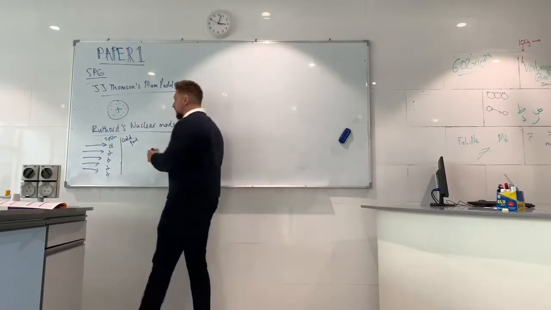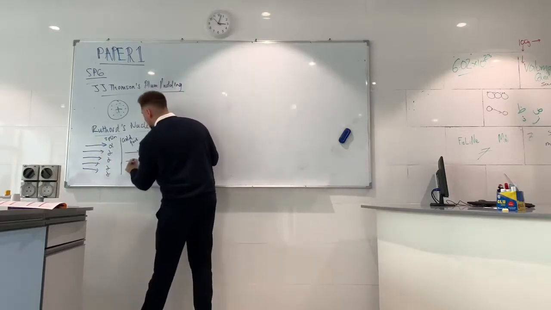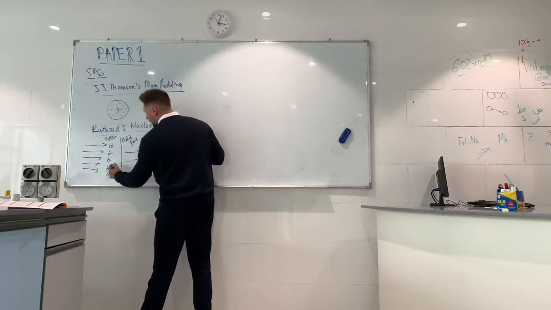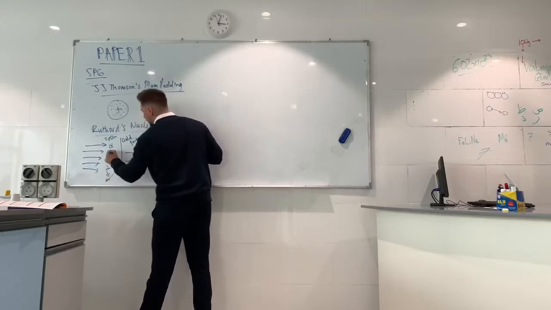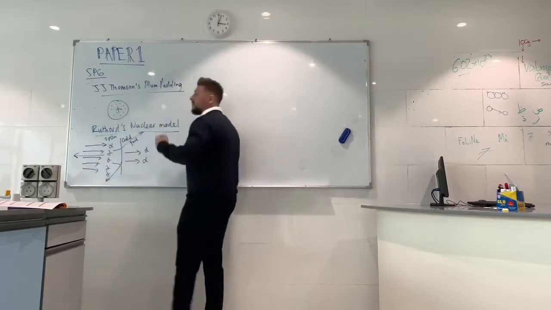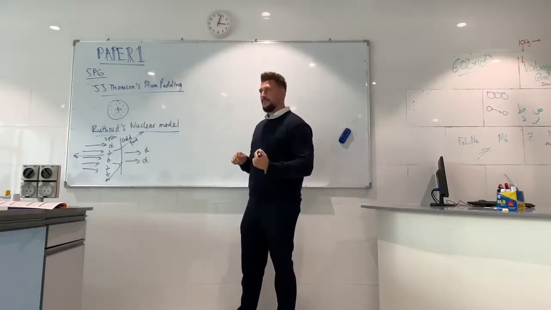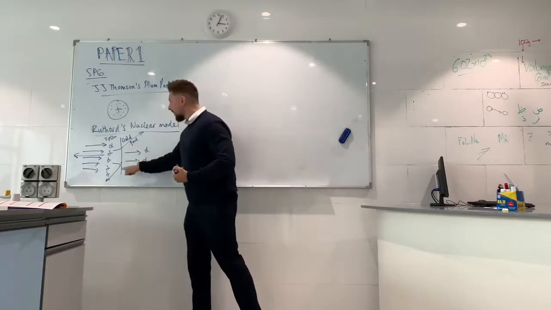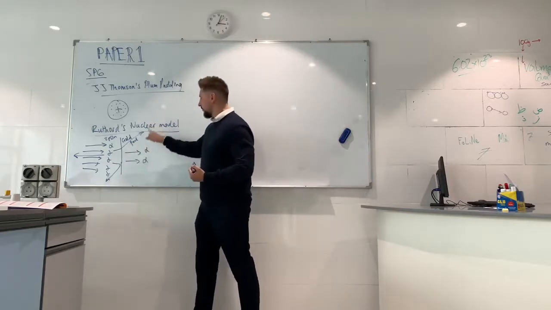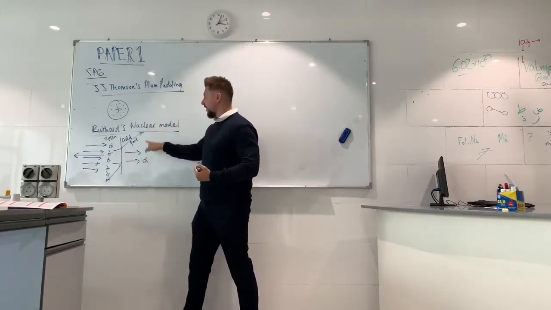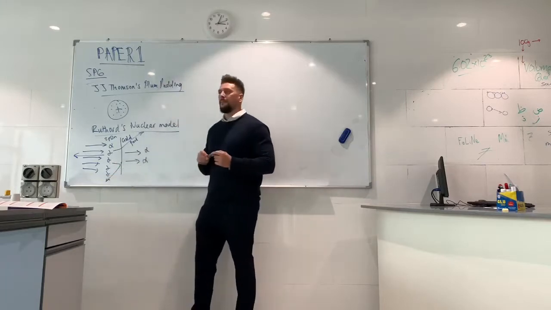But then what was seen: some alpha did get through, but some alpha were deflected at different angles. Some alpha even reflected back. So you think, hang on a minute, something is causing the alpha not to just be deflected slightly off course, it's also deflecting it backwards.